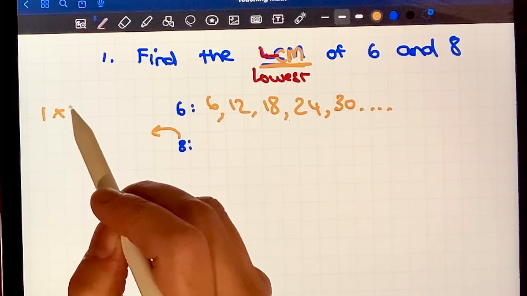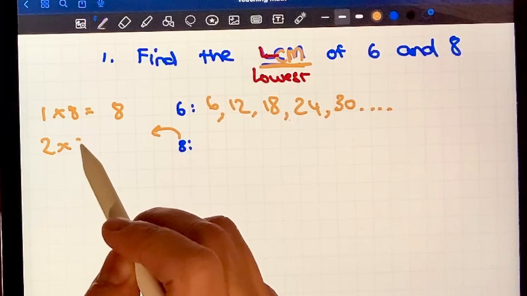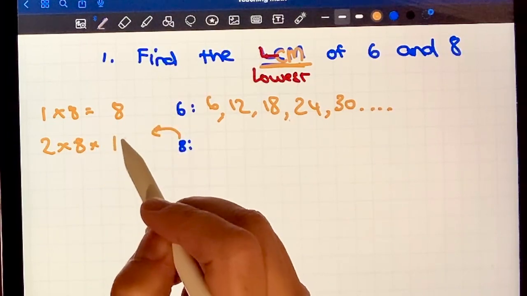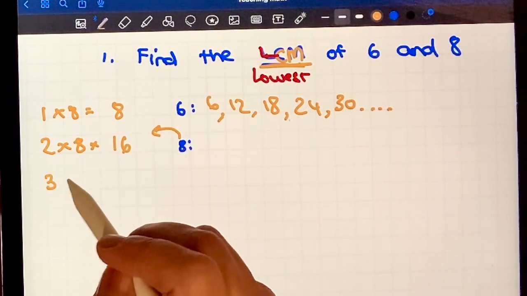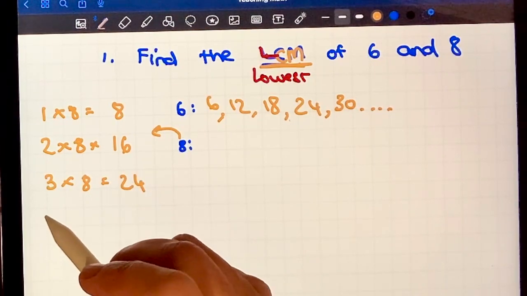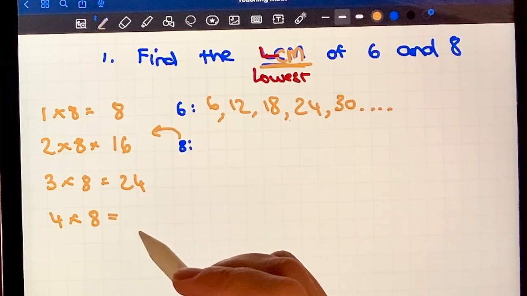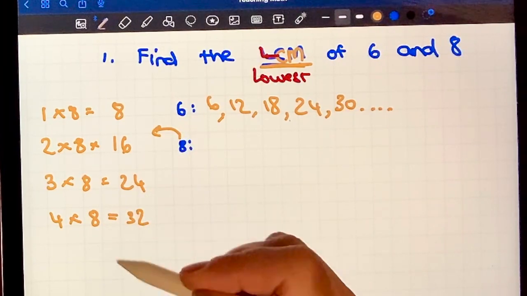1 times 8 is 8. 2 times 8 is 16. 3 times 8 is 24. 4 times 8 is 32.